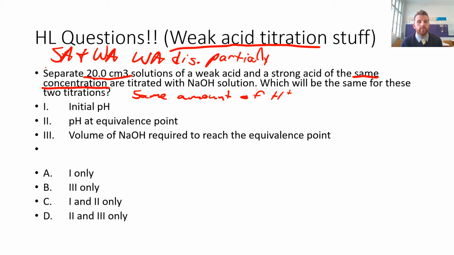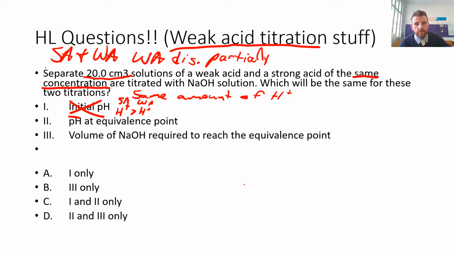Therefore, which of these will be the same for these titrations? Initial pH, this will not be the case because strong acid will have a greater concentration of H plus than a weak acid.